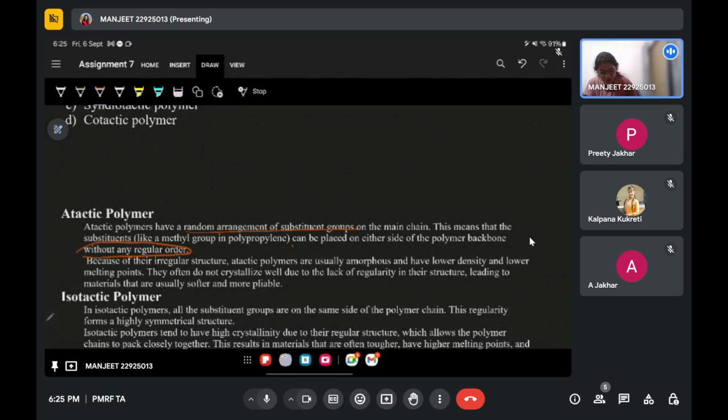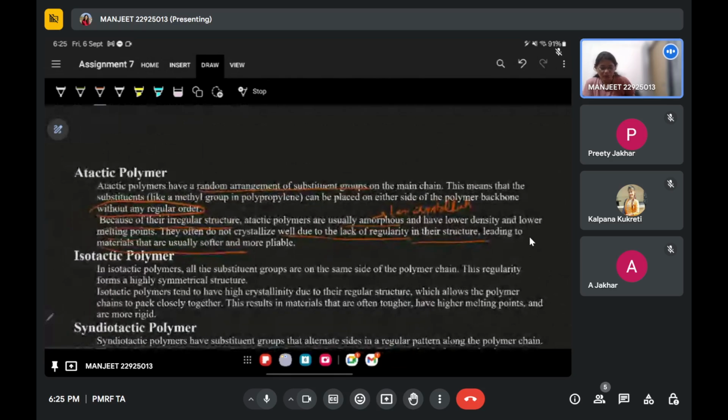Because of this lack of regular order, atactic polymer is usually amorphous, which means less crystallinity and low density. Being amorphous, it has lower density and lower melting point, and it often does not crystallize well due to the lack of regularity in its structure, leading to materials that are usually softer and more peelable.